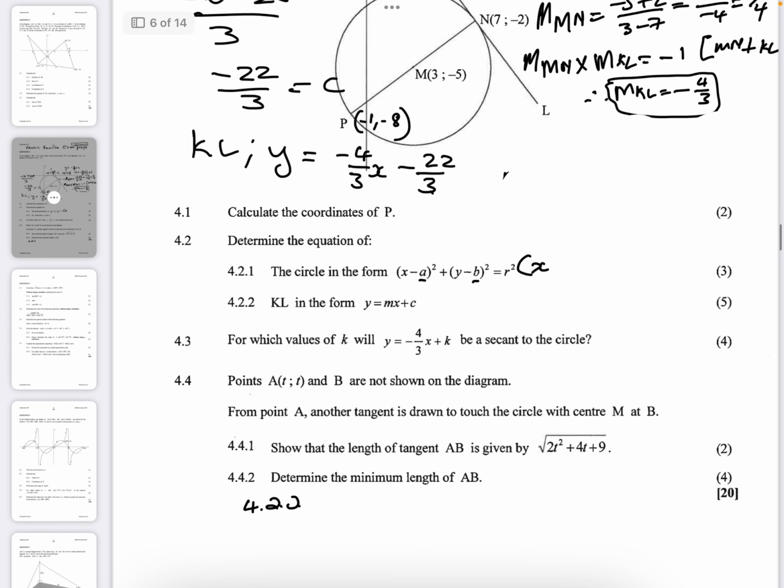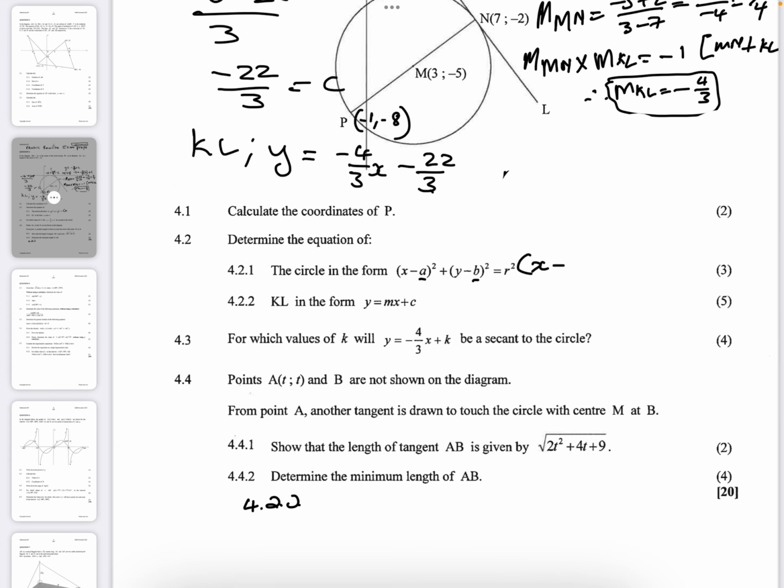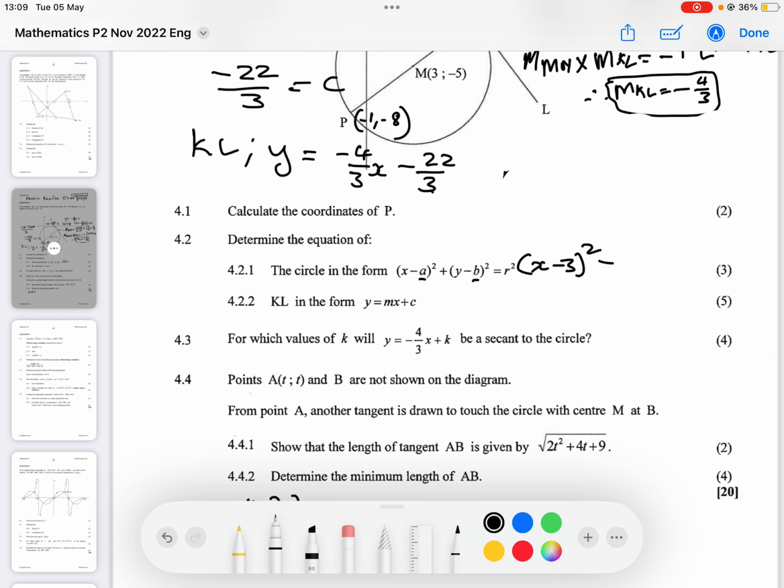My solution there is x minus 3 all squared plus y plus 5 squared equals 73. Now here my equation is y equals minus 4 over 3 x minus 22 over 3.